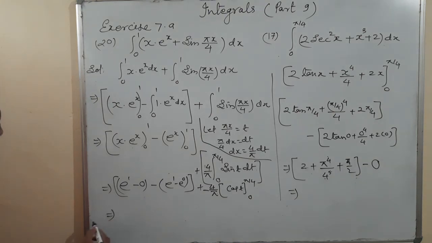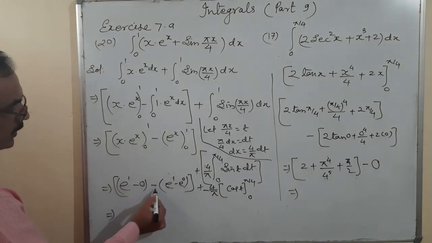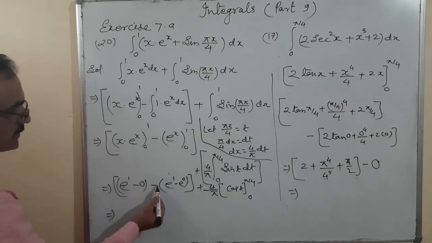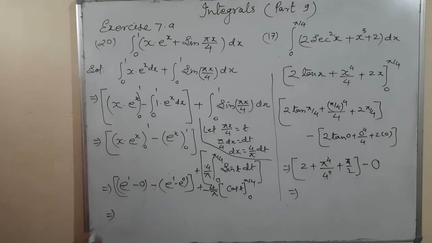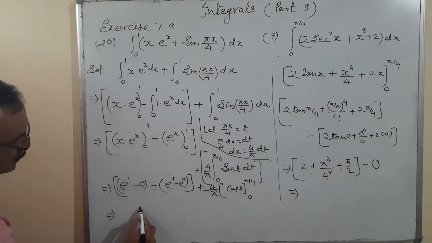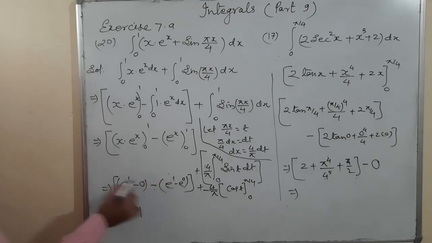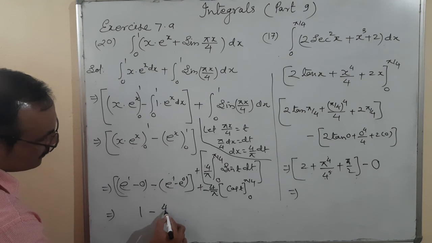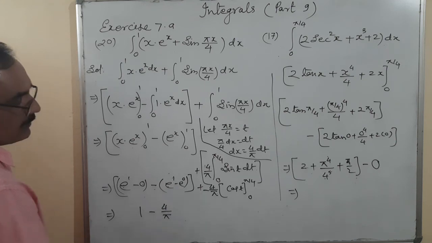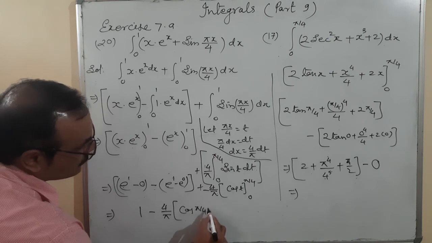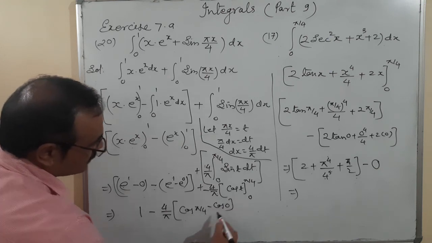So the final answer is e to the power 1 minus 0 minus e to the power 1 plus e to the power 0. e minus e is 0, and minus into minus is plus, e to the power 0 is 1. So the complete result is 1 minus 4 upon pi into (cos pi by 4 minus cos 0).